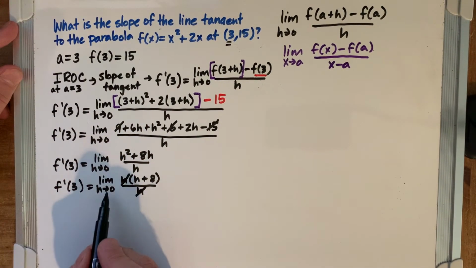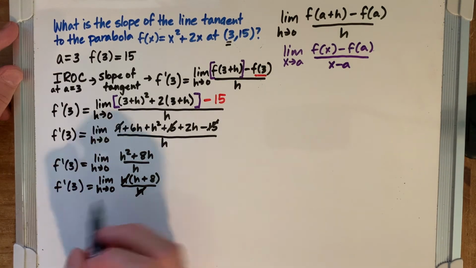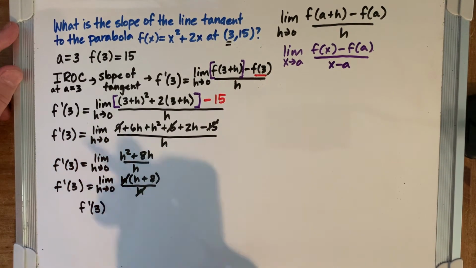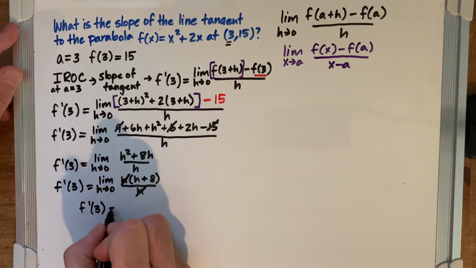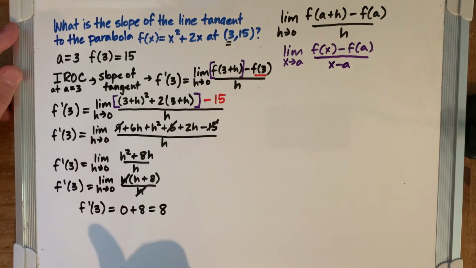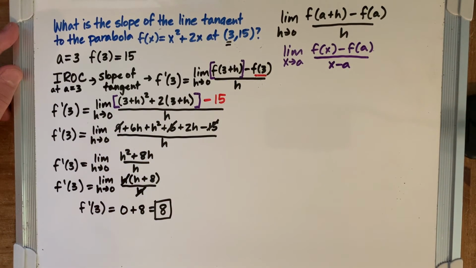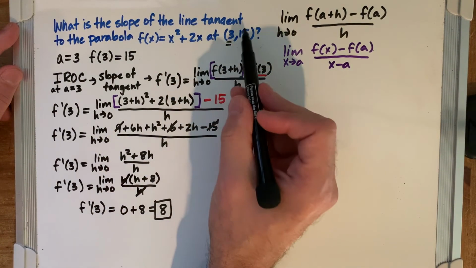Now I'm at the point where I can actually evaluate this limit by taking 0 and plugging it in here for h. And so we find that f prime of 3, our instantaneous rate of change at 3, our slope of our tangent line, is equal to 0 plus 8, which is 8. So this number right here is significant. This is the derivative. This represents the slope of the line tangent to this curve at this point.